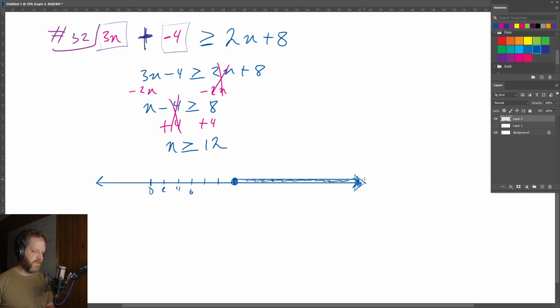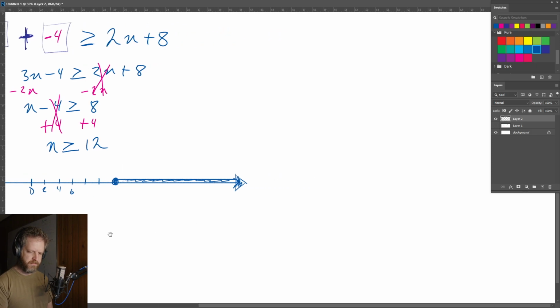Any other questions on this homework set? Easy peasy lemon squeezy. Why is that? Number 30 says. I hear you.